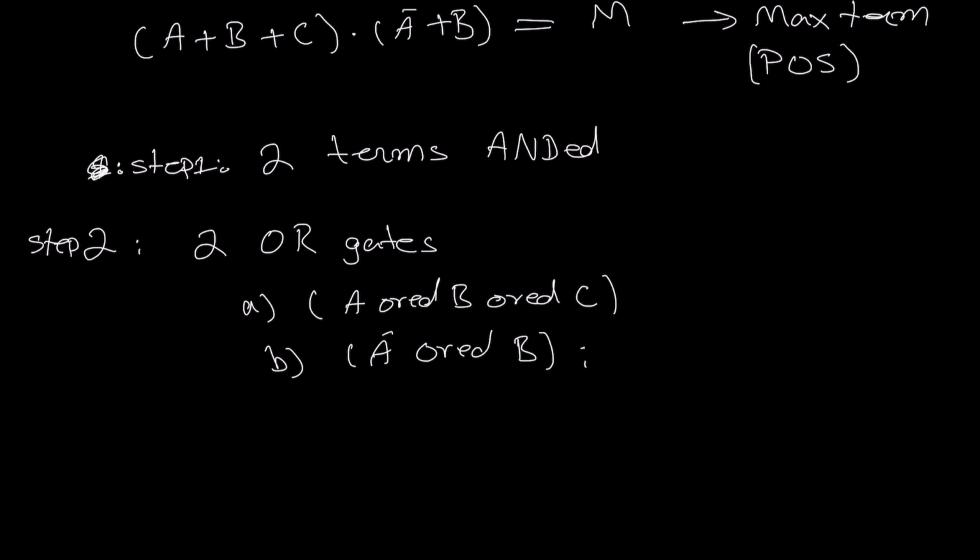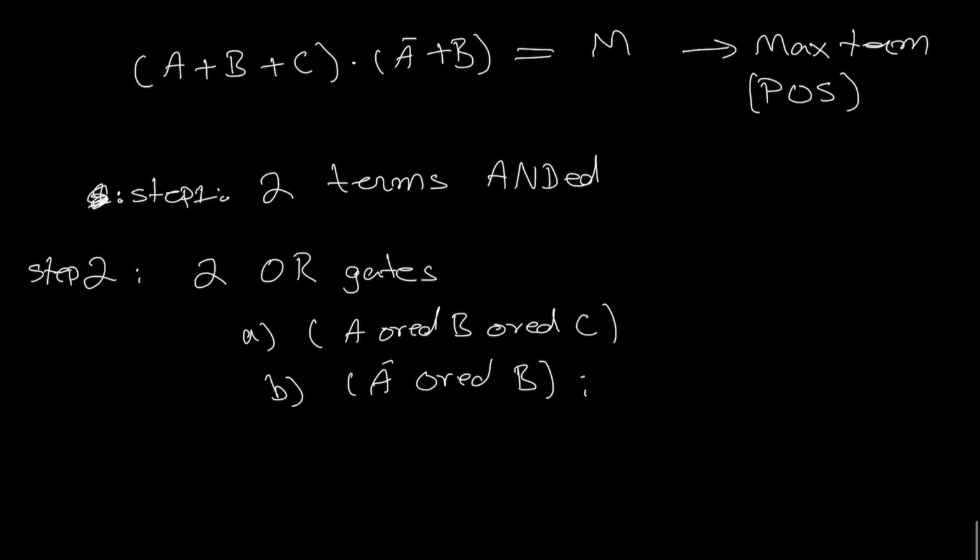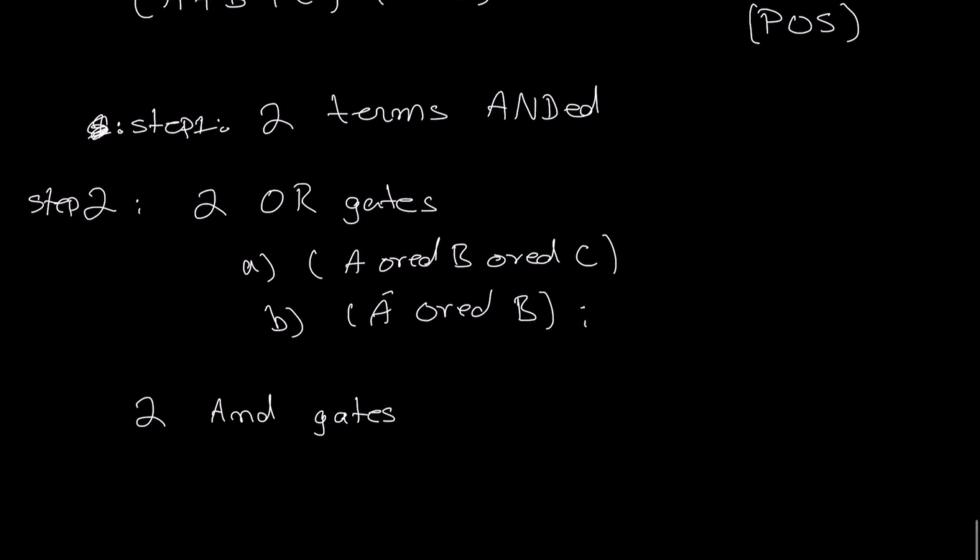To draw this logic circuit, we have to find out how many logic gates there are. We will see we have two AND gates, and we have two OR gates, and we have one NOT gate.